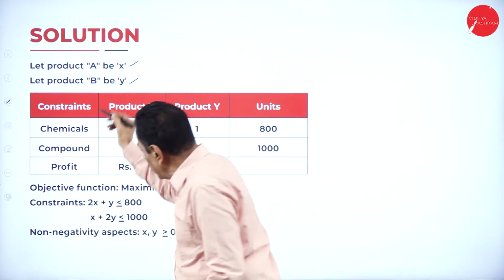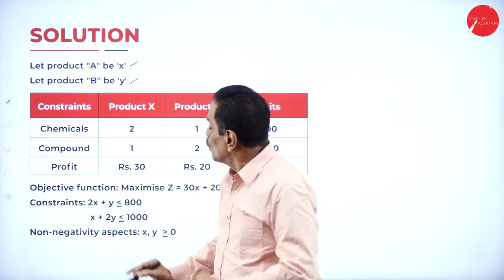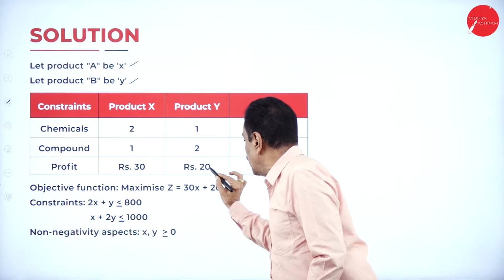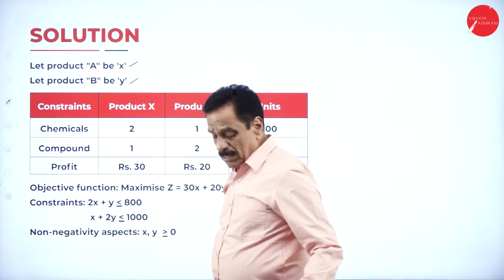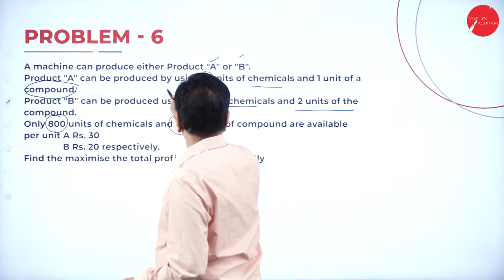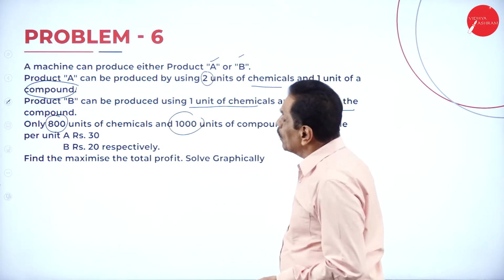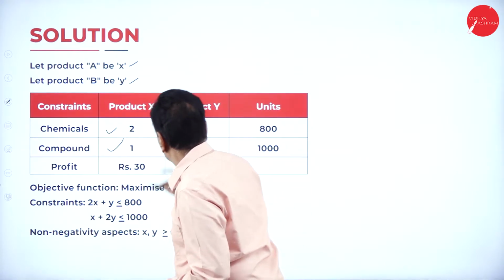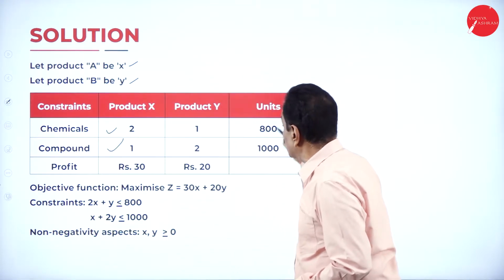Now apply the constraints. The 2 items are, one is the chemicals, one is the compound. The maximum profit is 30 and 20. Product X can use 2 units of chemicals, 1 unit of compound. The maximum is 800.